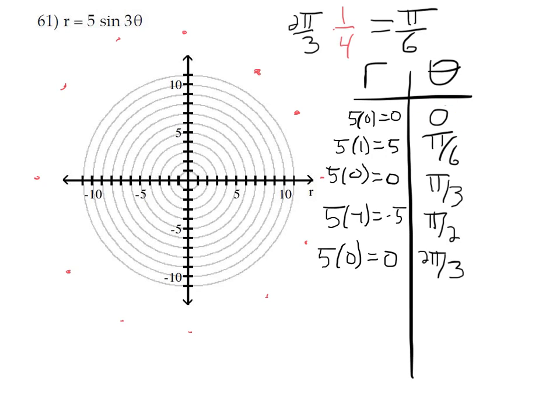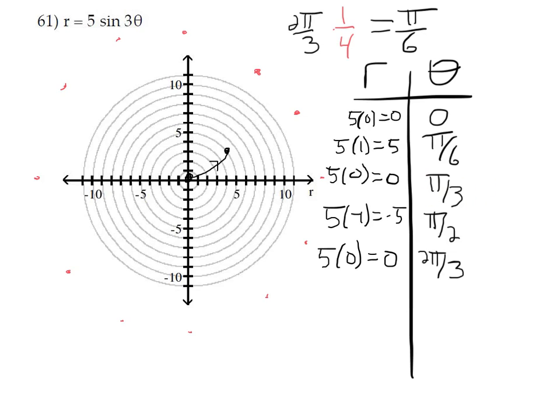So starting at 0, facing in the 0 direction, don't walk at all. So we start at the origin. Facing in the pi sixths direction, walk out 5. So we're going from here to there. Okay, in that direction. So far so good.